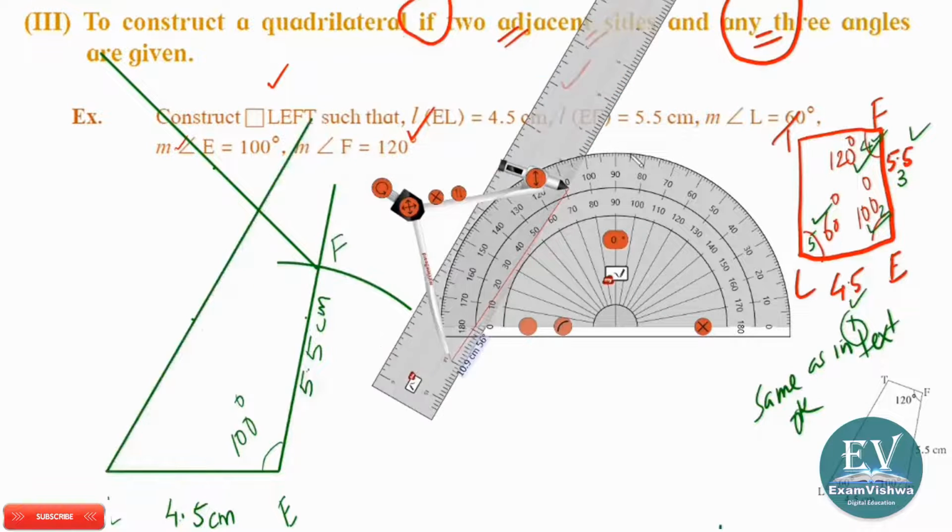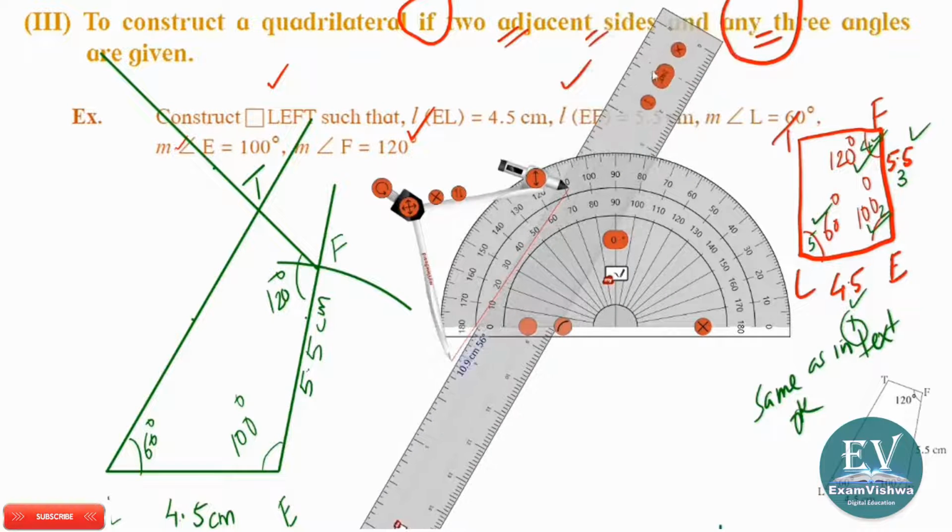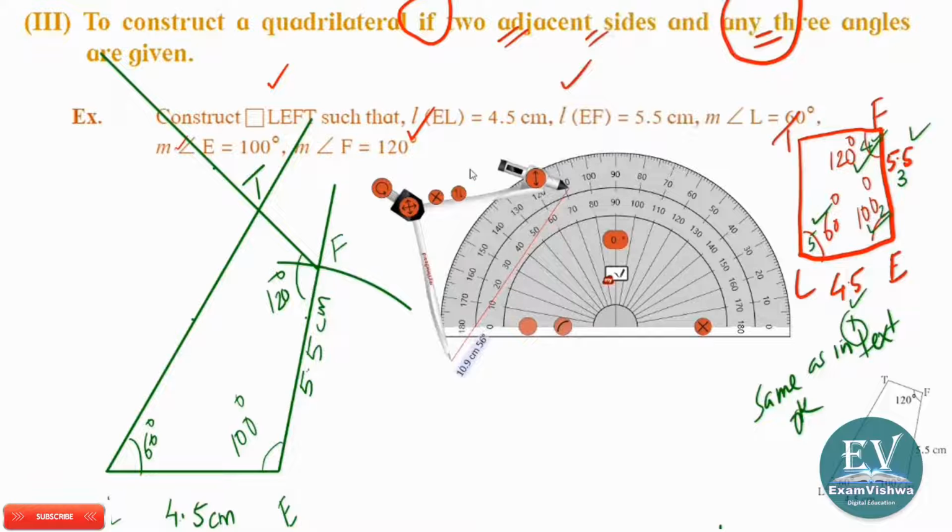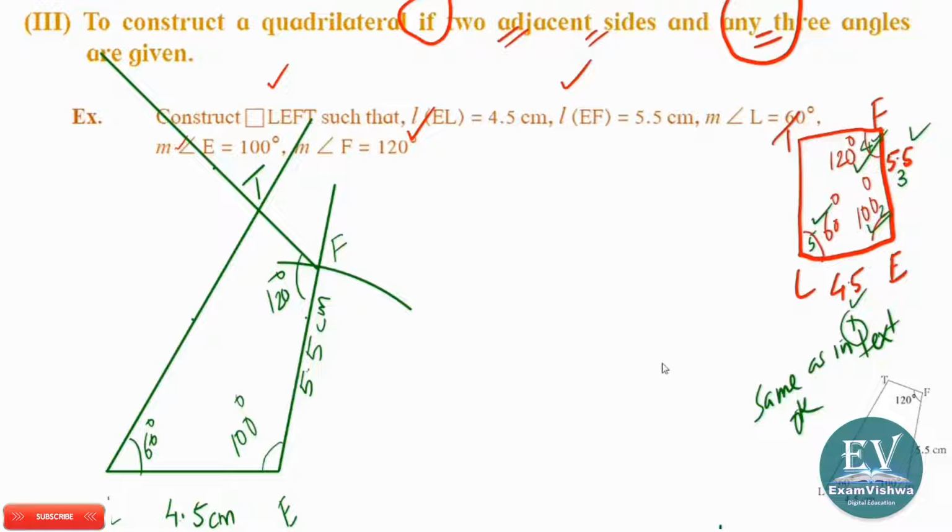This is 120 degree, 60 degree, and here it is T, where they intersect. So thus the construction of LEFT is done, where two adjacent sides and three angles were given. We could complete the diagram as per the instruction.